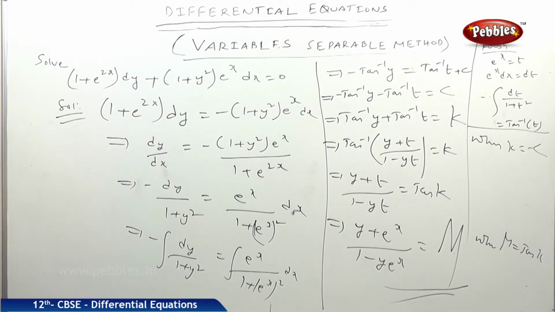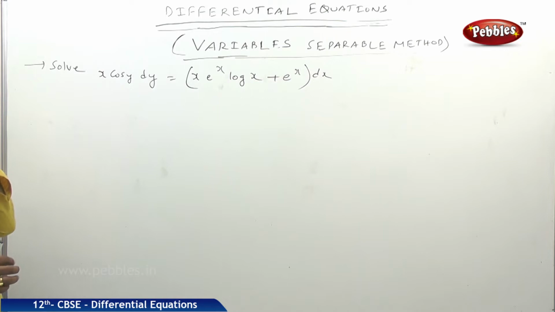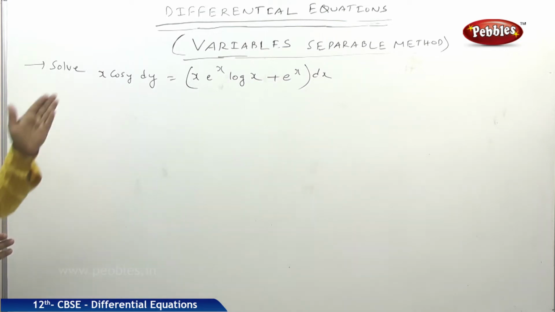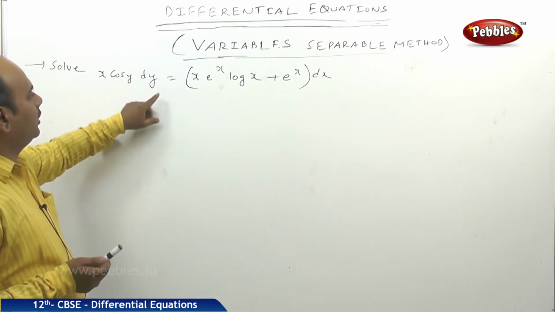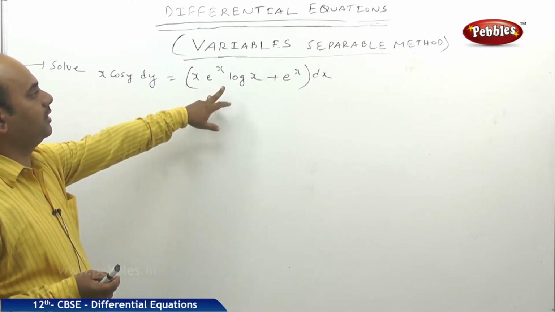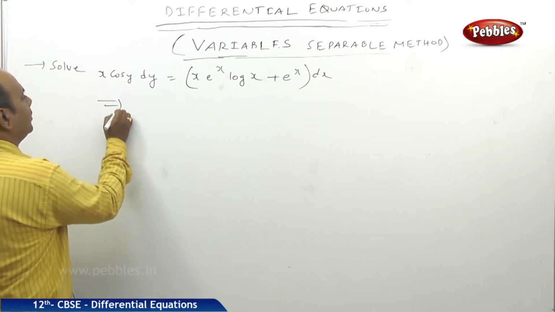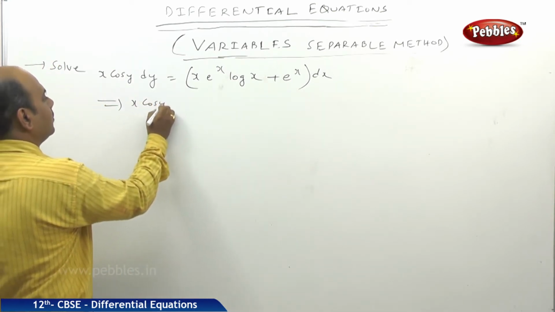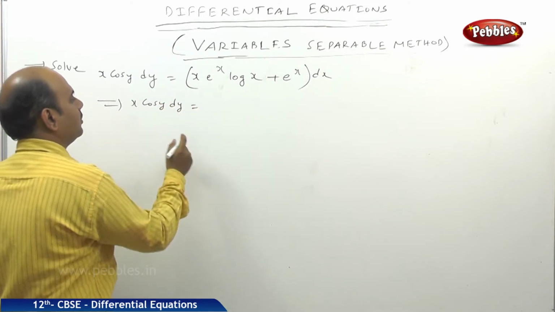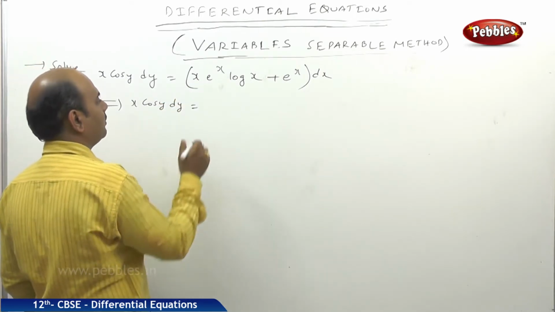Right? Please copy. Right, we shall be seeing the last problem of this pattern. Given x cos y dy is equal to (x e^x log x + e^x) dx. So here what I will be doing, x into cos y dy is equal to, e^x is common for us.